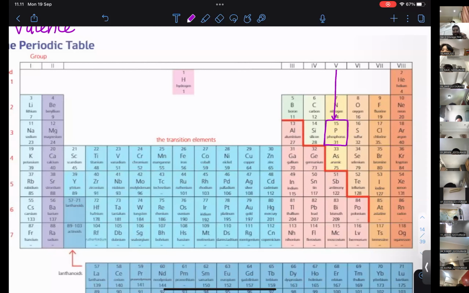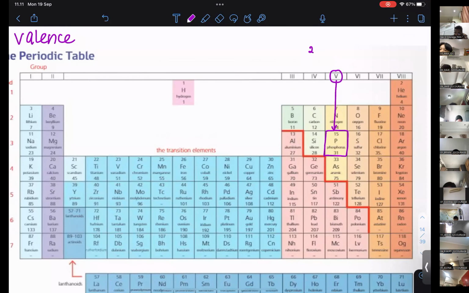What is the number of the group over here? 5. So the valence electron is 5. From where do we get this? Phosphorus is 15, so it's written 2,8,5. So this is the valence electron. So the valence electron is 5 and it belongs to group number 5.